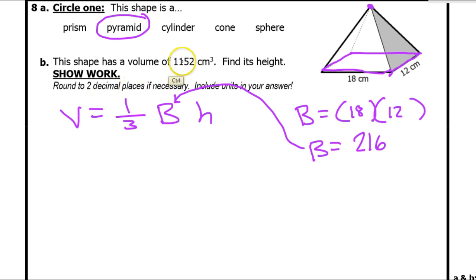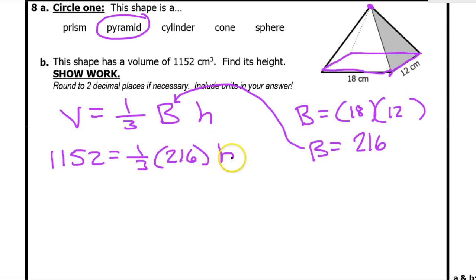Also, we know the volume, so I can substitute that in. So I have 1,152 is equal to 1/3, and then the area of the base is 216 times the height. So what I usually do is to multiply both sides by 3.